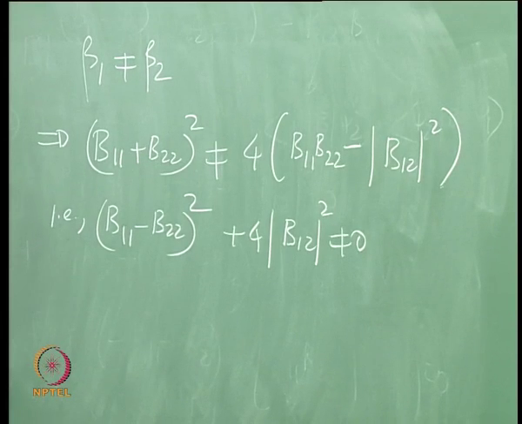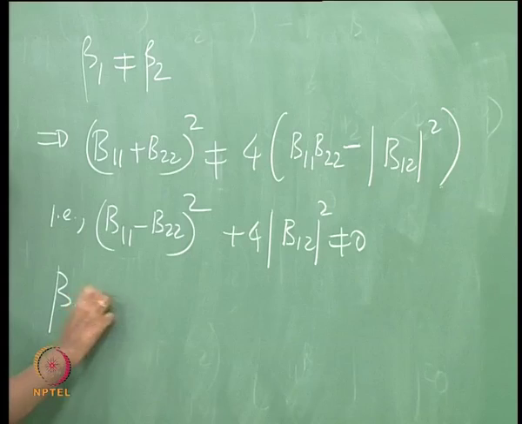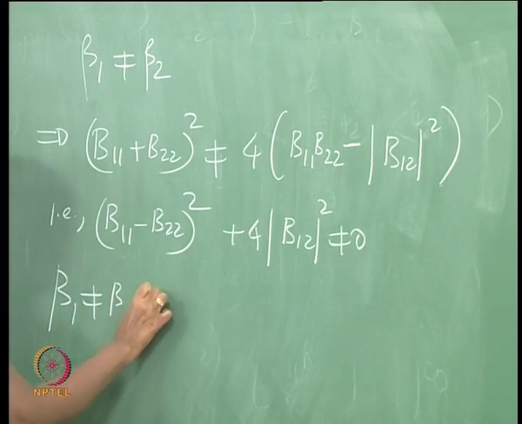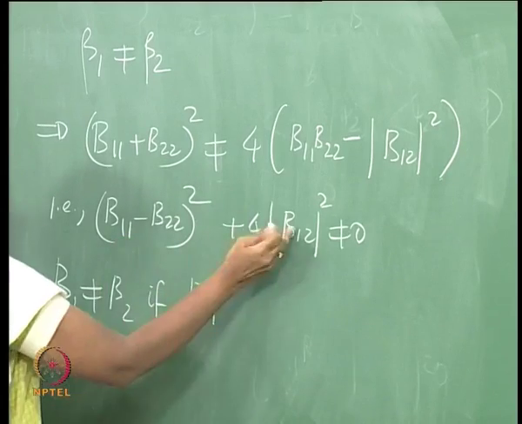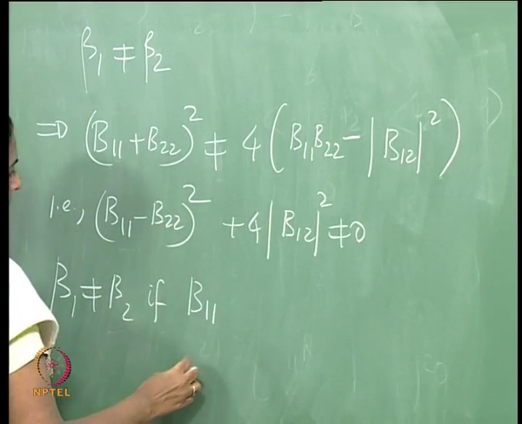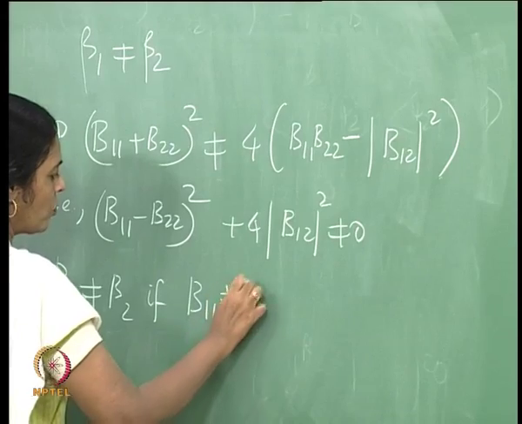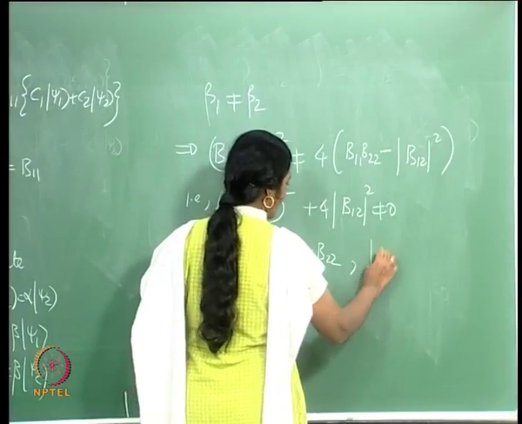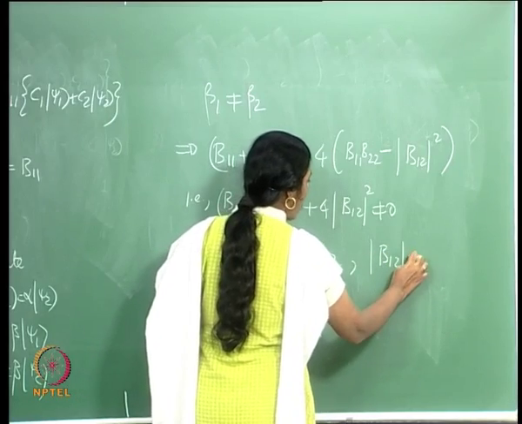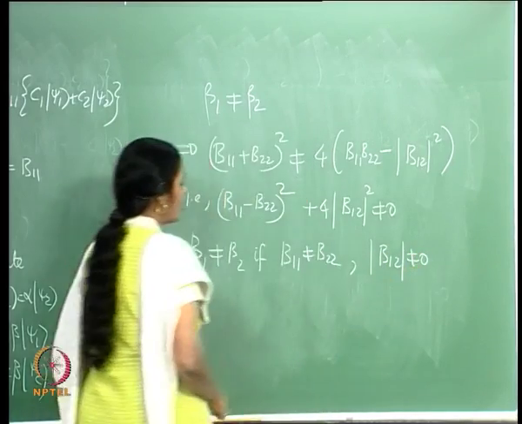In general, beta 1 would not be equal to beta 2 if any of these quantities is non-vanishing. If B11 not equal to B22 or mod B12 not equal to 0.